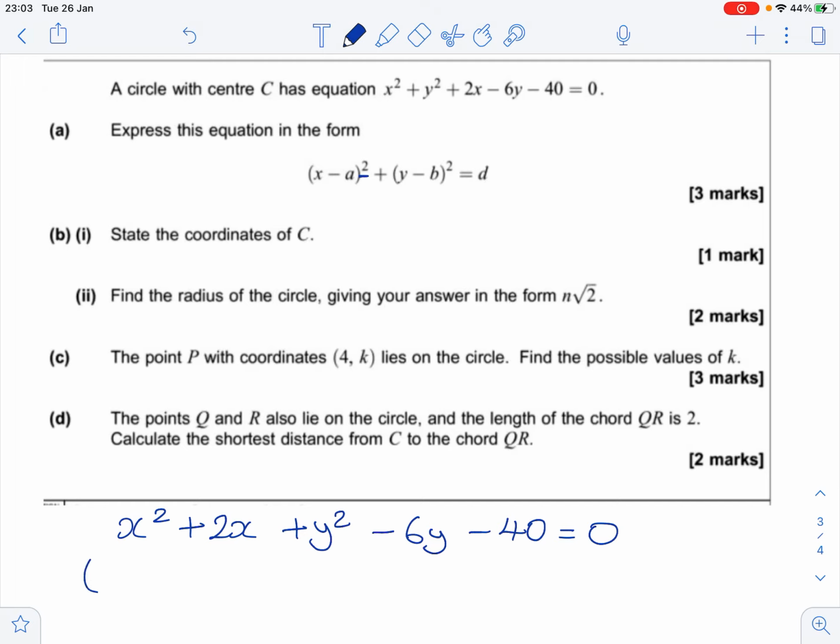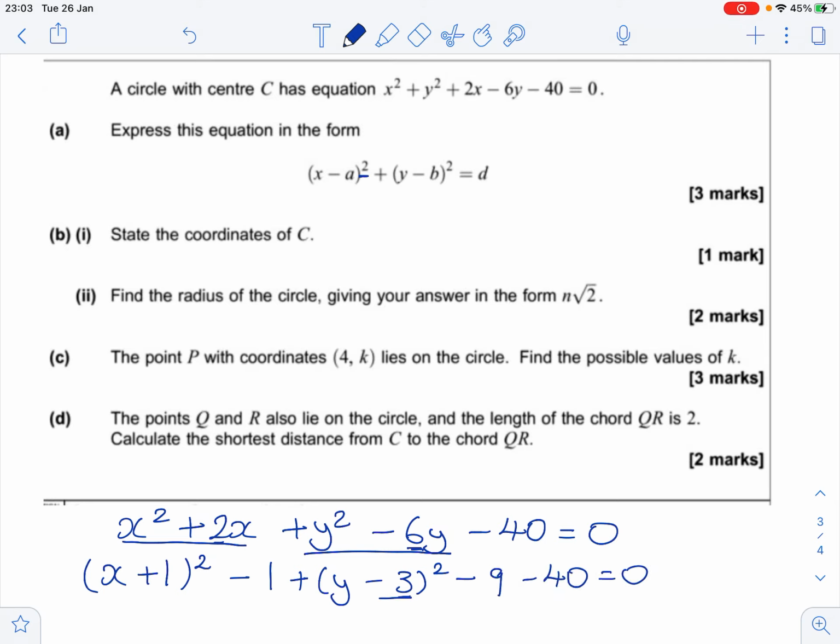So x, then half of this value, so plus 1, squared, minus 1. So we complete the square for this part. Then we complete the square for this part here. So y, half this value, minus 3, squared. Then minus this number squared, which is minus 9, minus 40 equals 0.